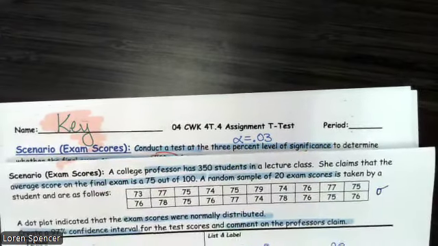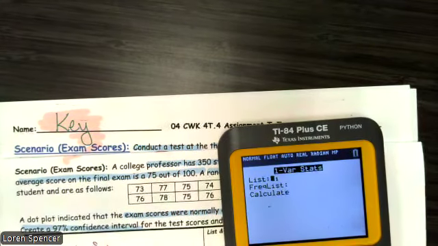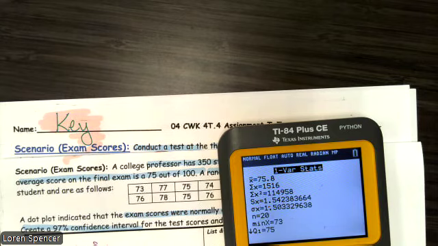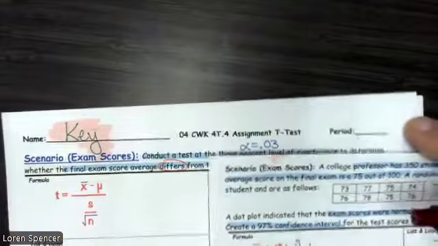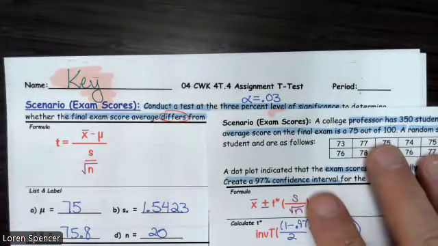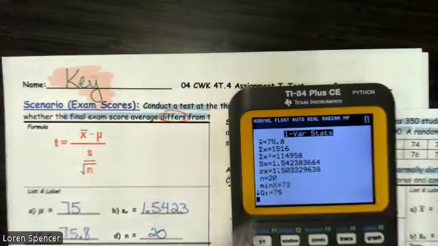Well, previously I entered that data into the calculator. So I'm going to go stat calc 1 var stats, and I get a sample mean of 75.8. I also get a sample standard deviation of 1.5423.